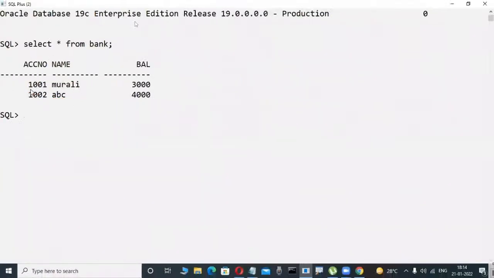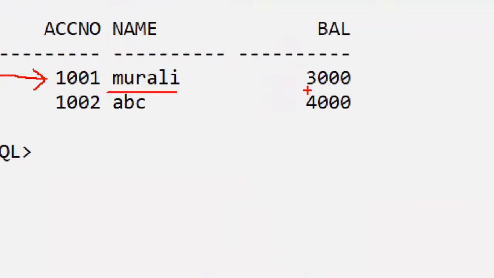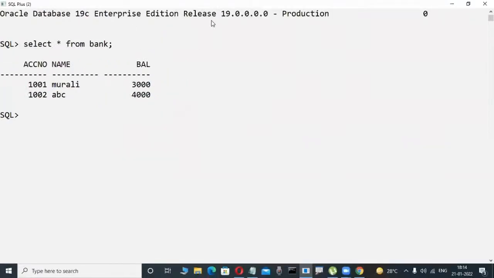Suppose this data: 1001 is an account number. My name is Murali, I'm the account holder. My balance is how much? 3000.